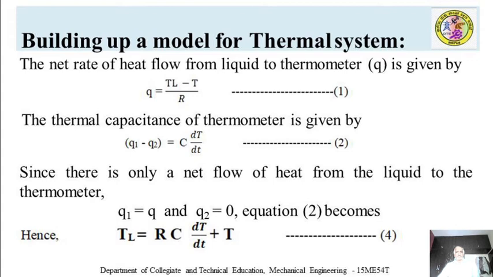Since there is only a net flow of heat from the liquid to the thermometer, Q1 equals Q and Q2 equals 0.